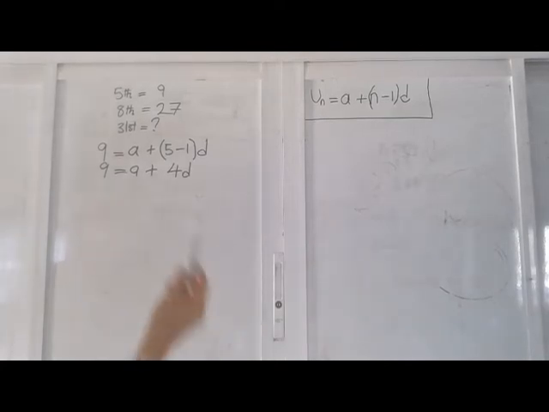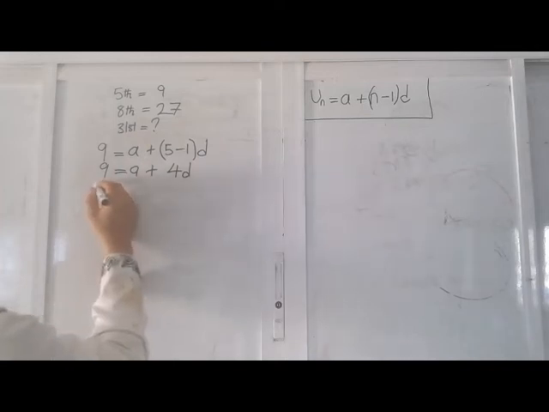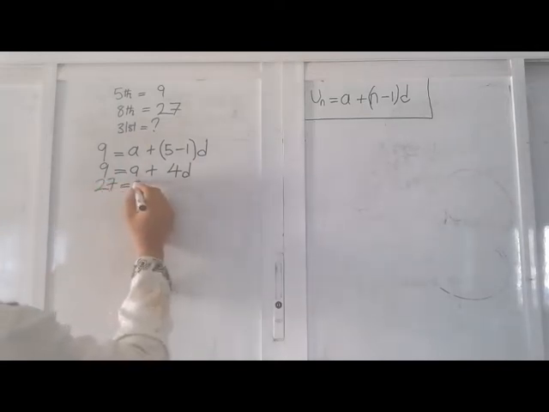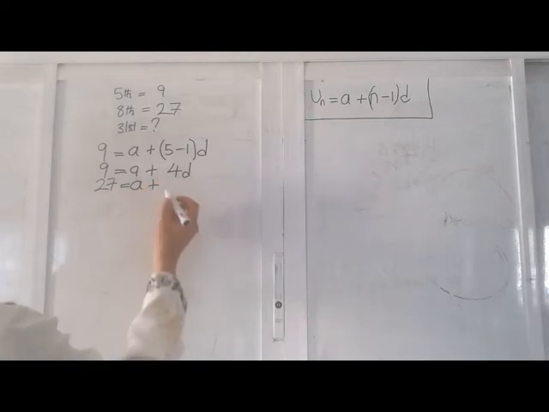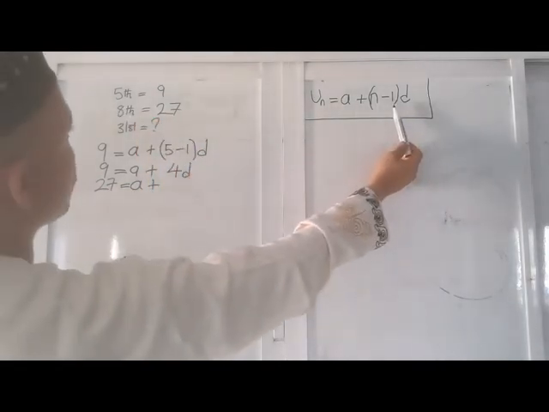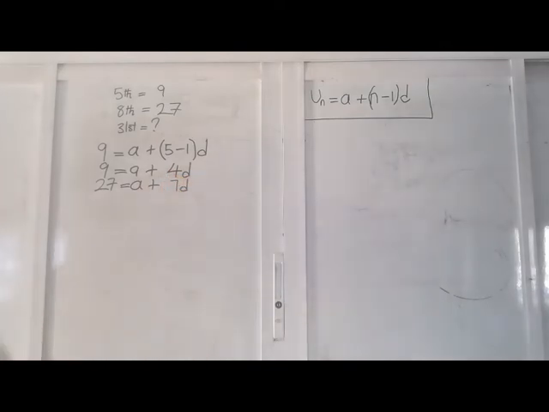Now, let's come back to the 8th term. From the 8th term, we have 27 as the 8th term. Our A is still unknown. Since it is the 8th term, when we do 8 minus 1, it will be 7, so here will give us 7D. Now, this is the equation that has been given to us.